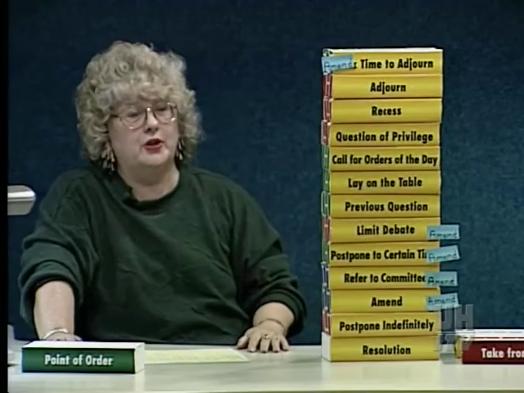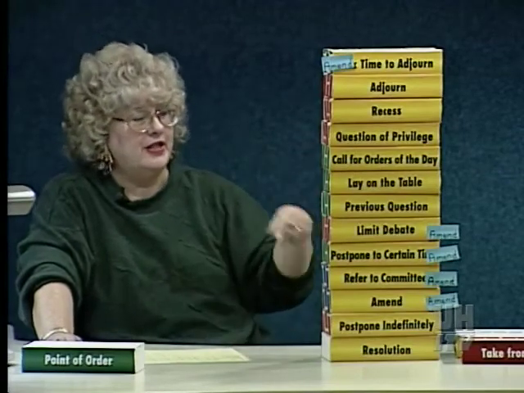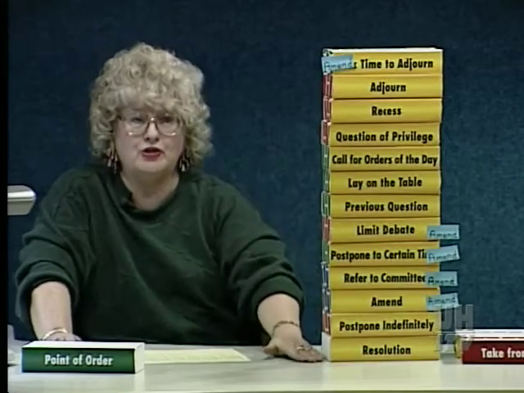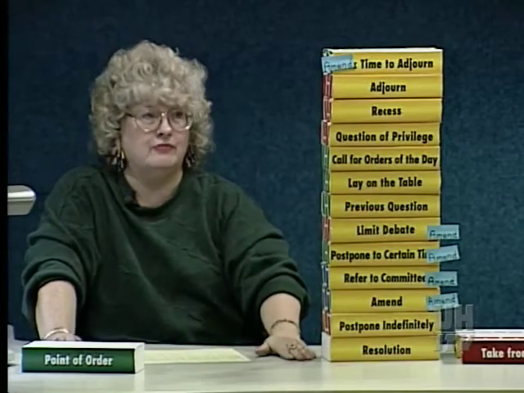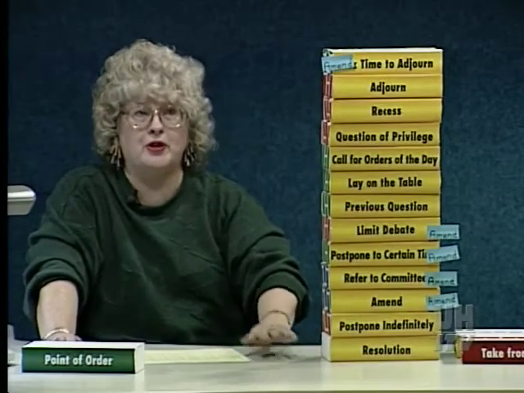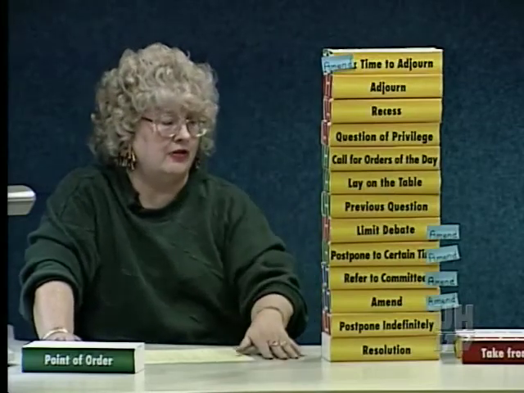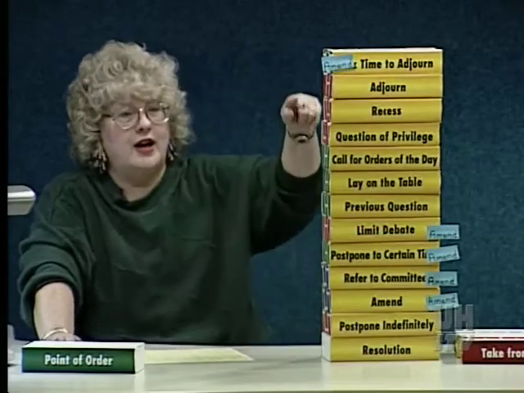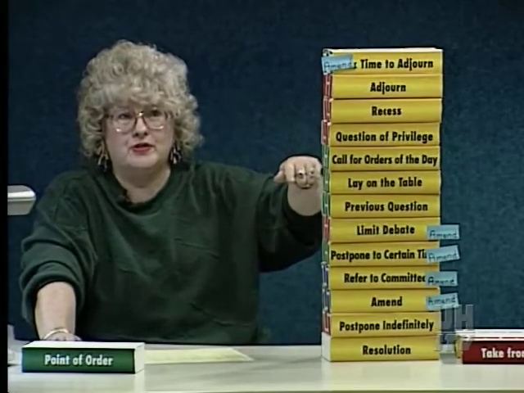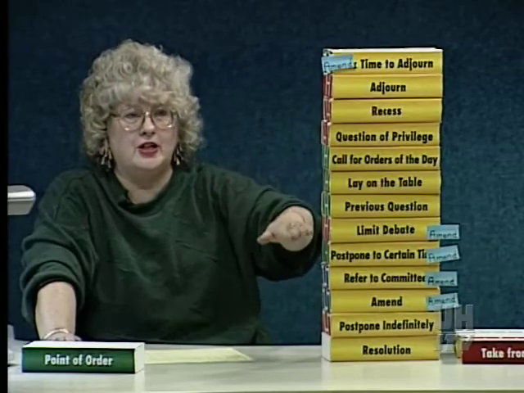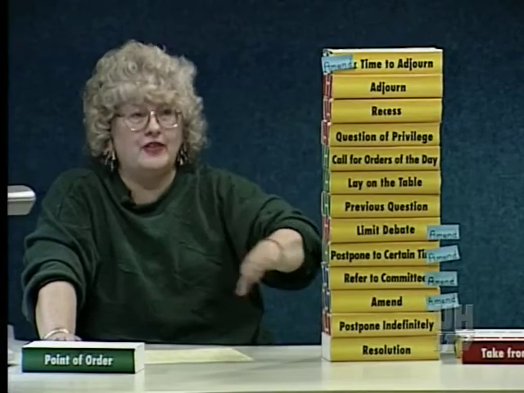Now, we're going to peel these things. These are your 13 ranking motions, whether it's a main motion or a resolution down here on the bottom or a motion that you've brought back from a previous meeting that was tabled and is now on the floor. So you have 5 privileged motions. You have 7 subsidiary motions, and that's it.